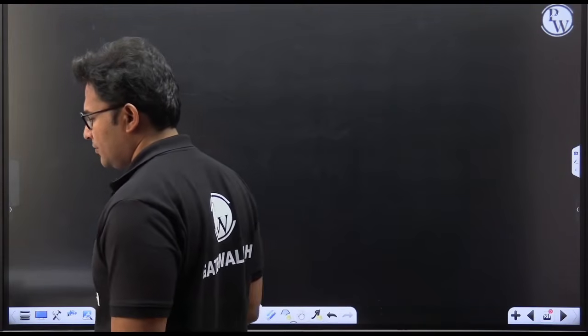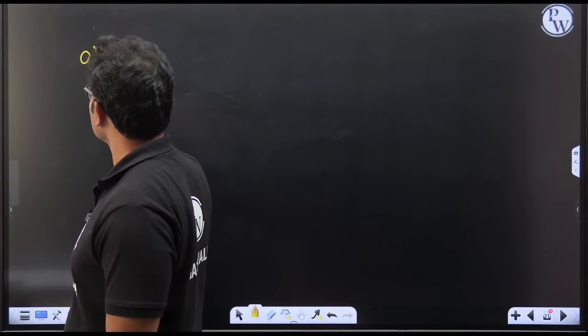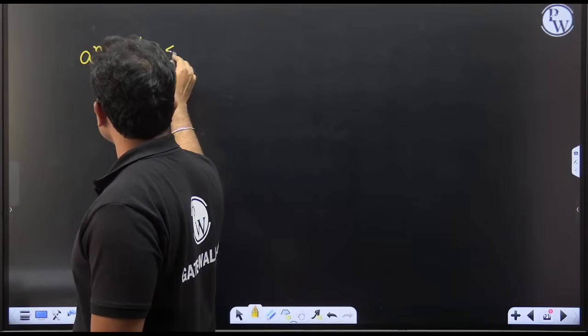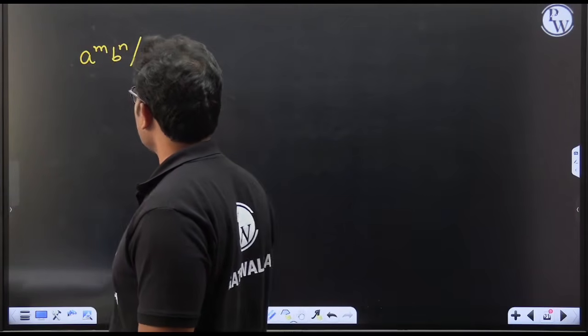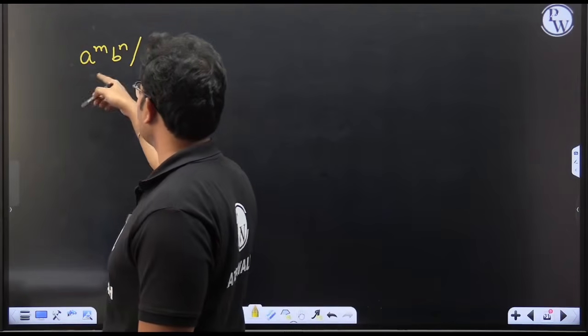Now let us say a^m b^n such that m is less than or equal to n, which means the number of b's is greater than or equal to the number of a's.